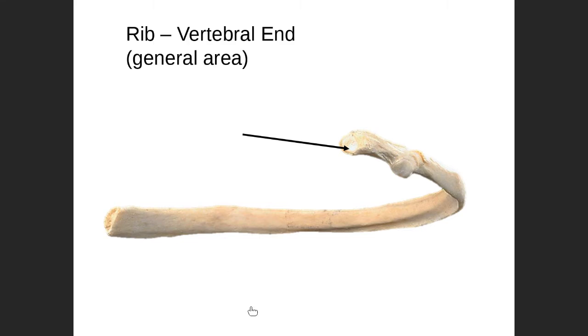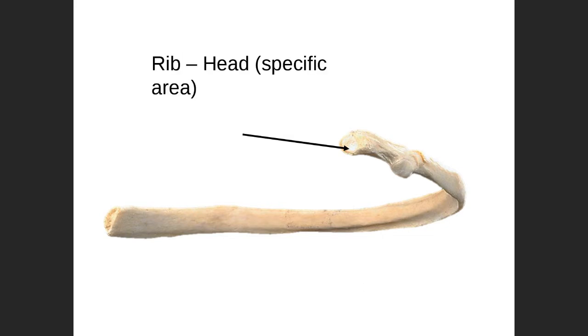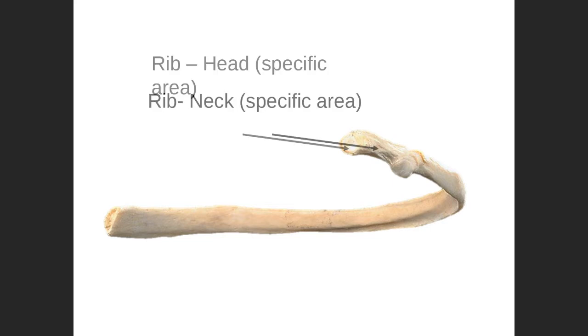The only time you'll say the vertebral end is if it says, which end of the rib is this? What region is this? Otherwise, if there's no words on it, you're going to say head. Then, as we move down the rib here, it's going to get a little bit skinny. That's the neck.